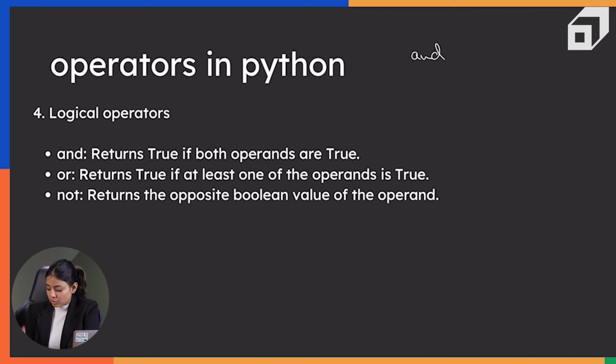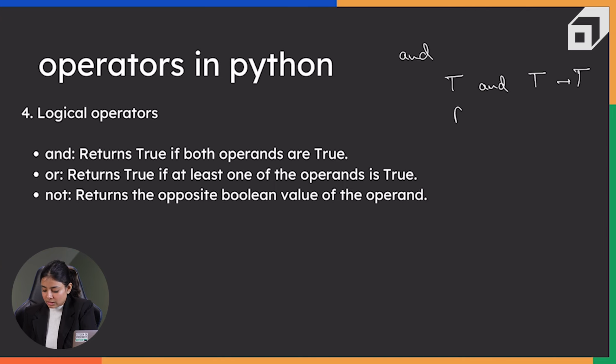Otherwise, it will return me false. So, if I have some value that is true and I do and another value that is true, that will return me true. In any other case, if any other value is false, for example, if it is false and true, if it is true and false, if it is false and false, in these three cases it will return me false.